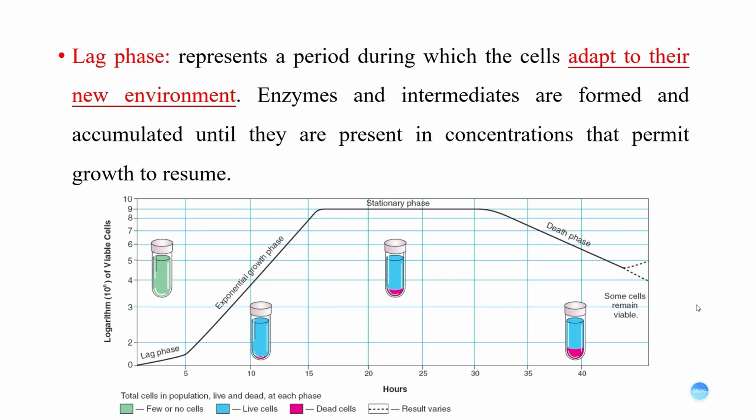So when the enzyme and intermediates are ready, the concentration is high enough, the cell will enter a new phase, begin splitting, begin the binary fission. So that's the exponential phase or log phase.